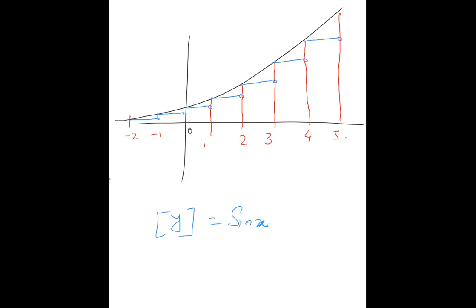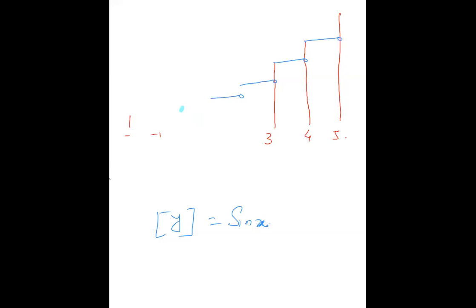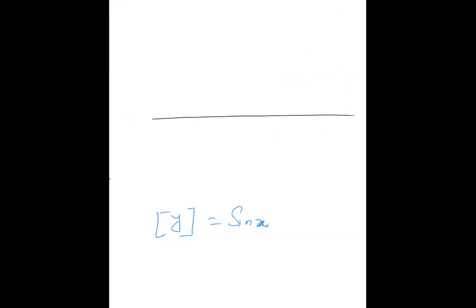Think up to that, then I'll do it. See, when we have to draw the graph of greatest integer y is equal to sin x, first draw the graph of sin x.